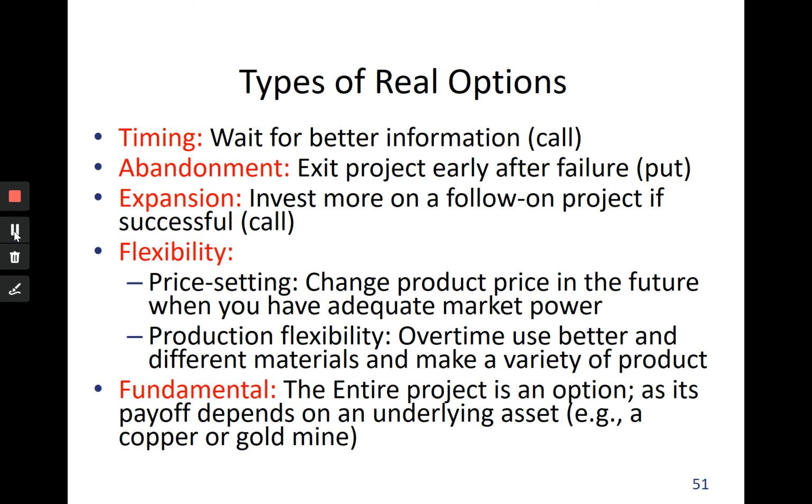Also, we may have production flexibility, which means that we can use different materials and make a variety of different products based on knowledge and ability as we produce this product over time. And that may reduce the cost of the project.